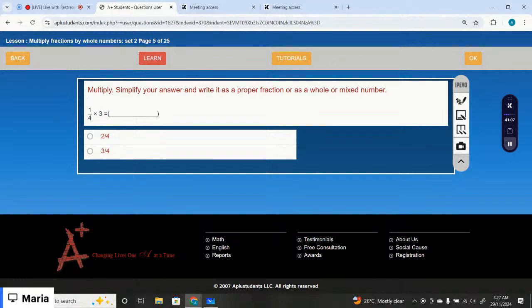The next one is 3 by 4 times 3, which is the correct option? The correct option is 3 by 4. Option number 2 is the correct option.